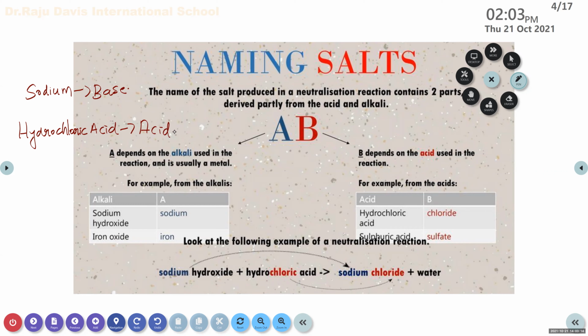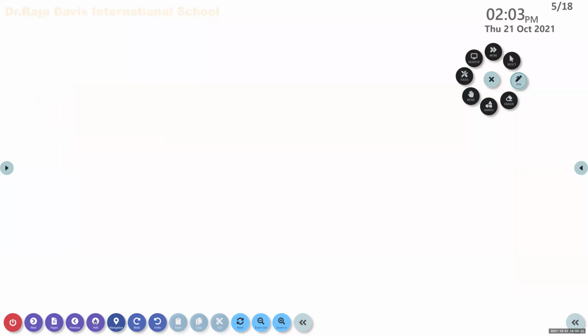One is sodium, the base, plus hydrochloric acid, the acid. Combined together they form what? Salt. What is the salt formed here?